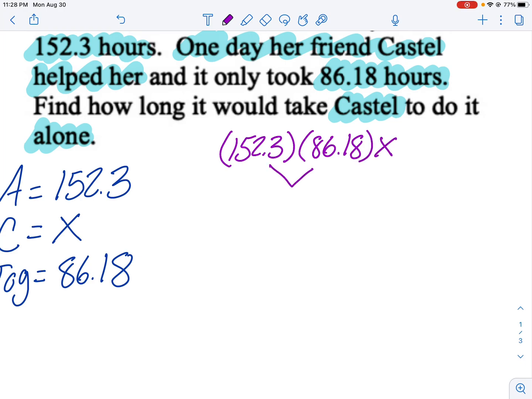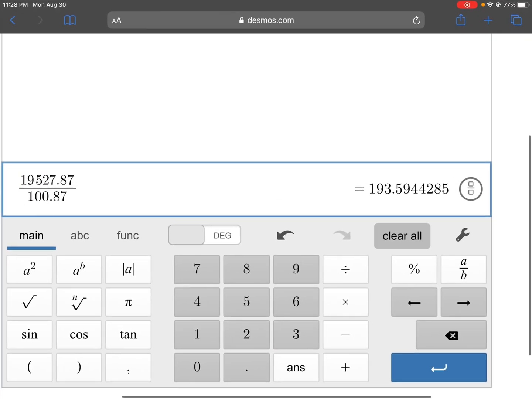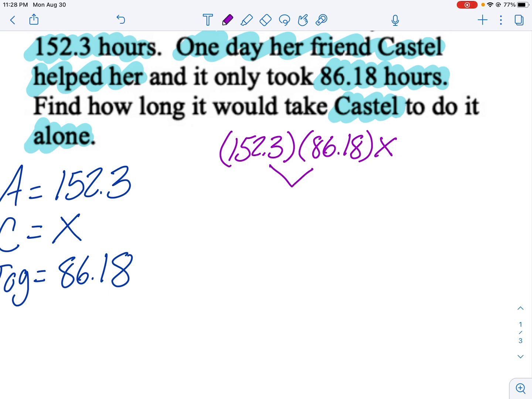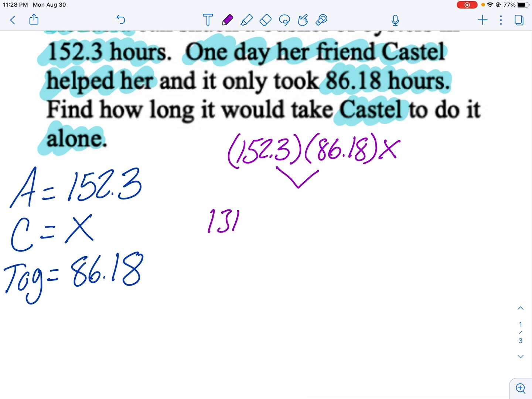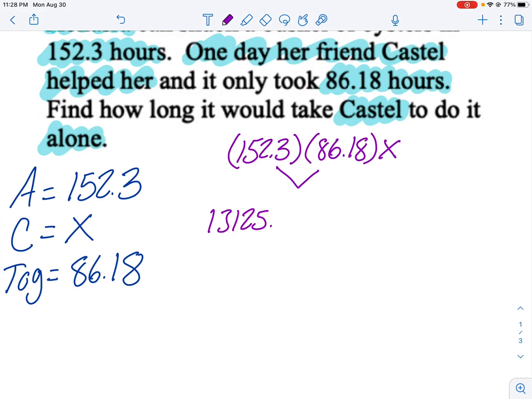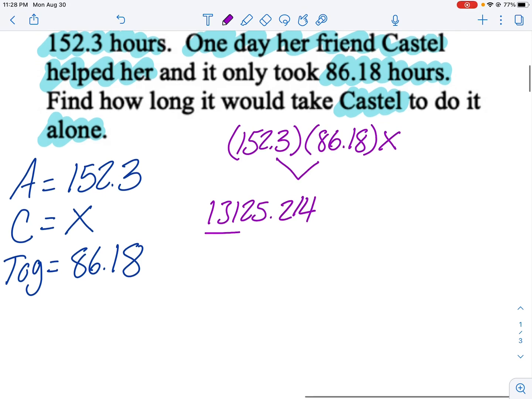What do we get from these two? 152.3 times 86.18 is 13,125.214. So that's going to be the top of our x.